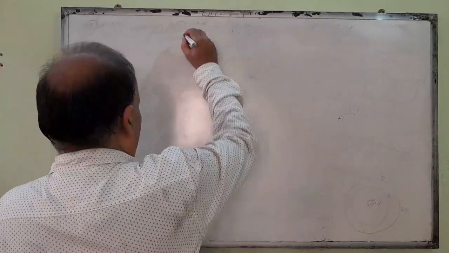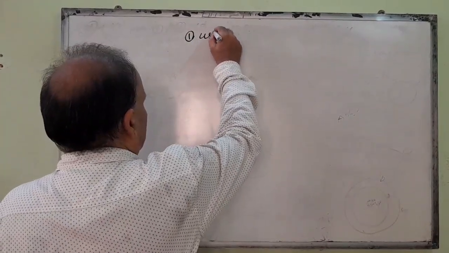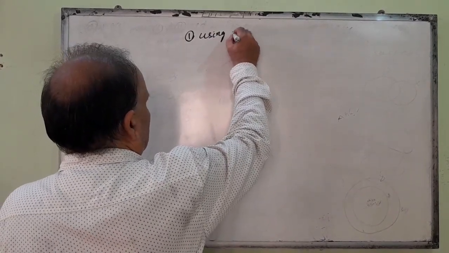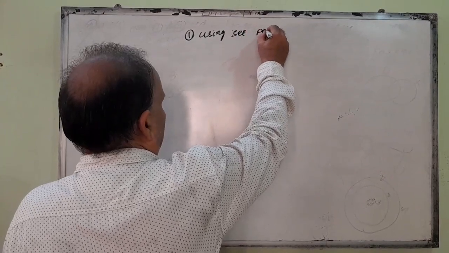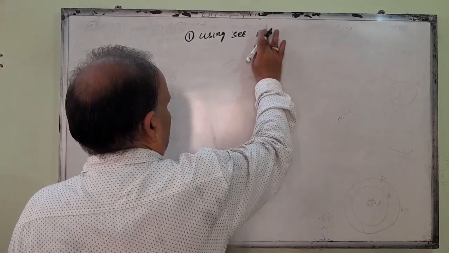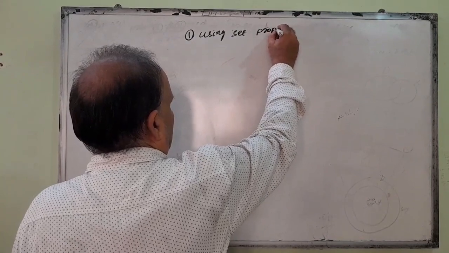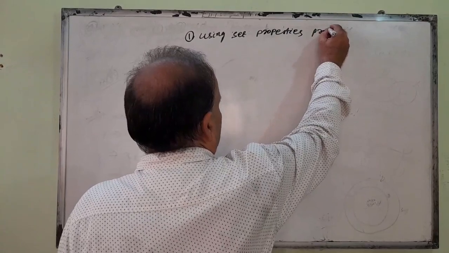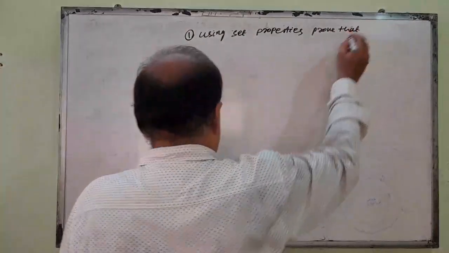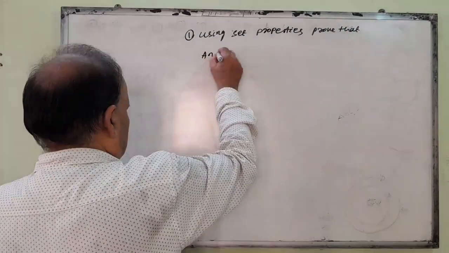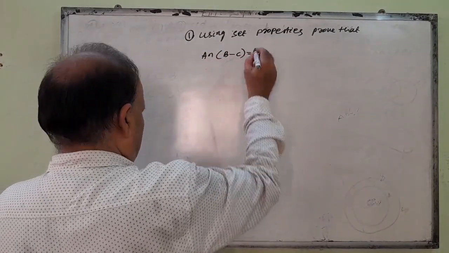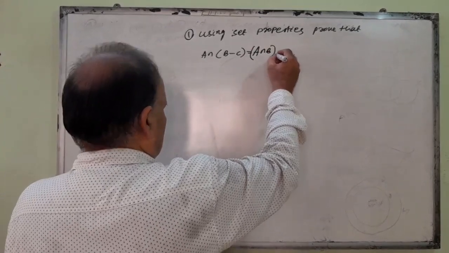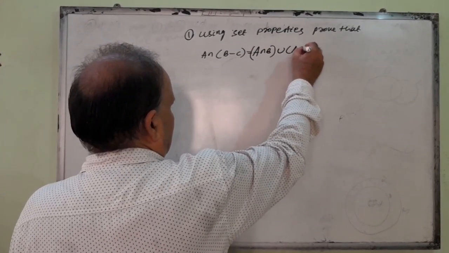First we see, using set properties, prove that A intersection (B minus C) is equal to (A intersection B) minus (A intersection C).